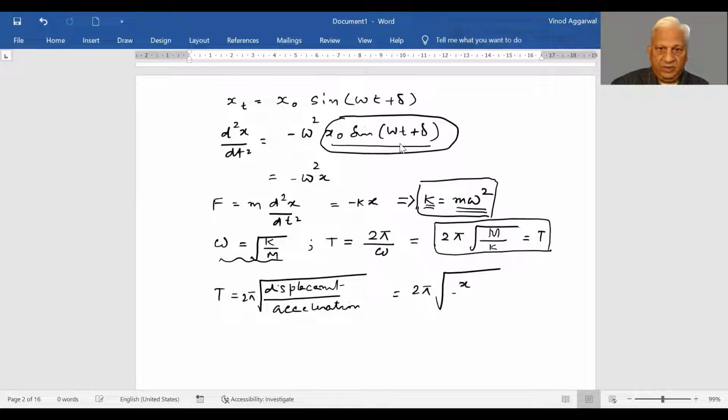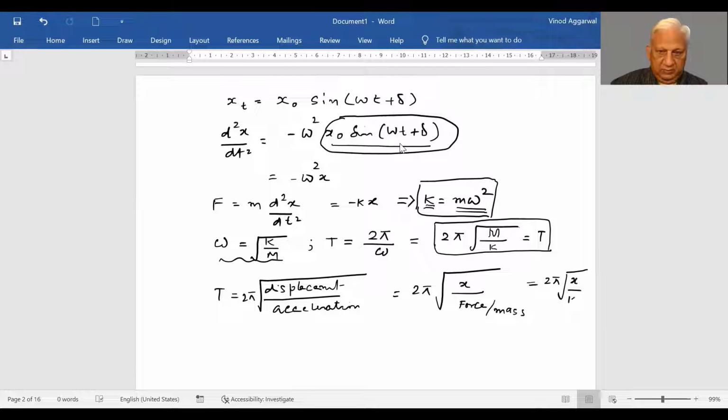If our displacement is x and our acceleration is force divided by mass, then this becomes force.